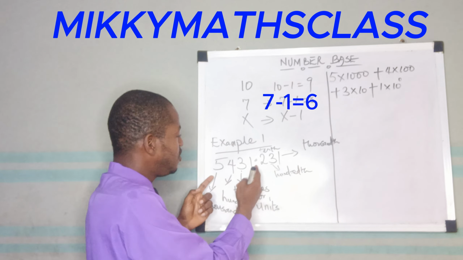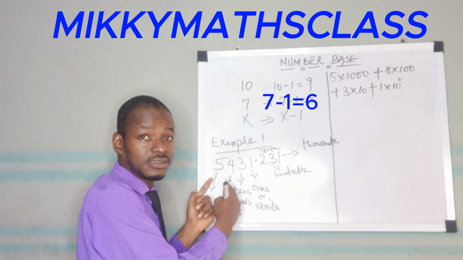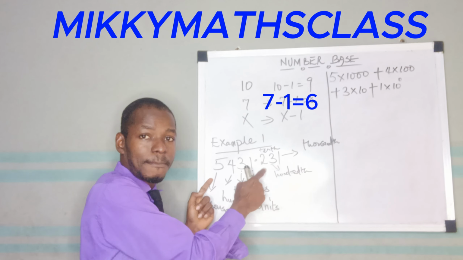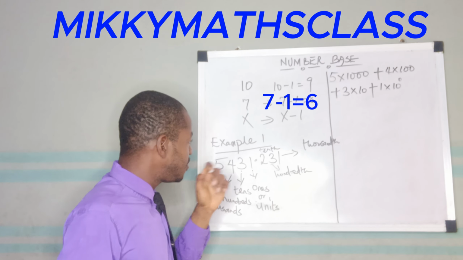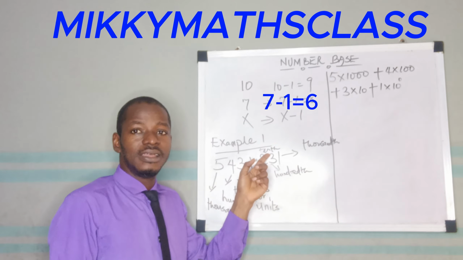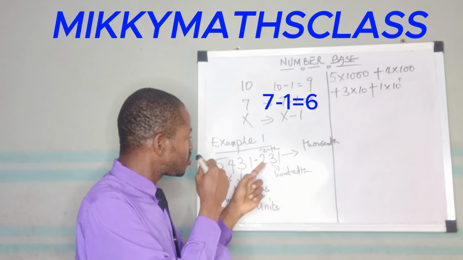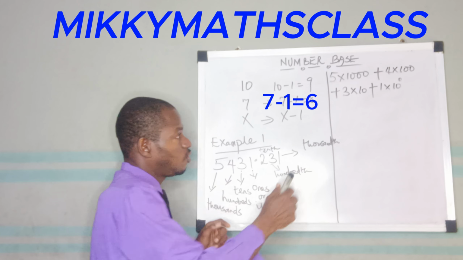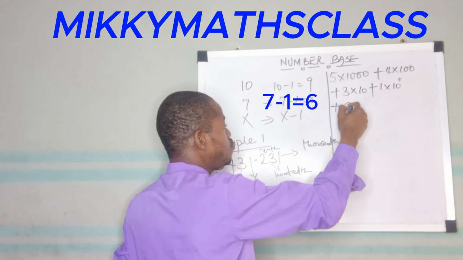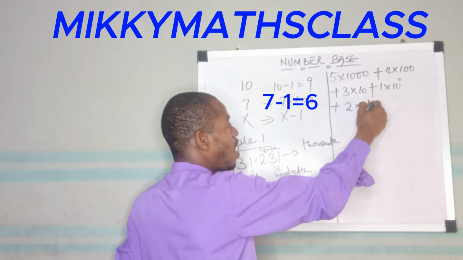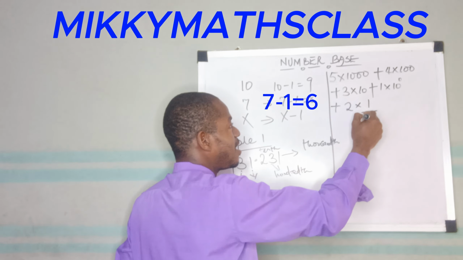So we are done with the part that is not the decimal part. We move to the decimal part. This one is the tenth, which means 1 over 10. So we say plus 2 times 1 over 10, because this is the tenth part.